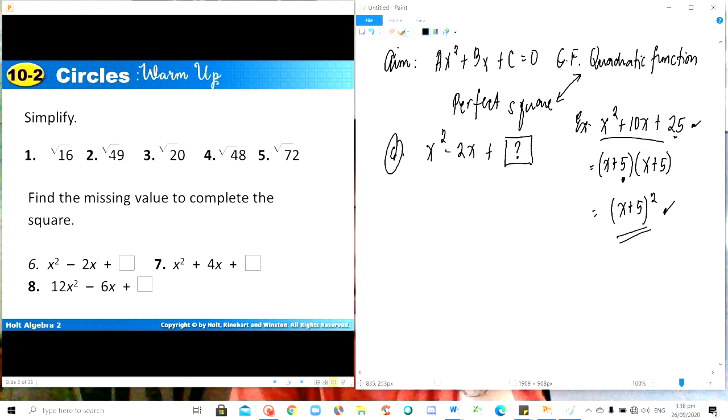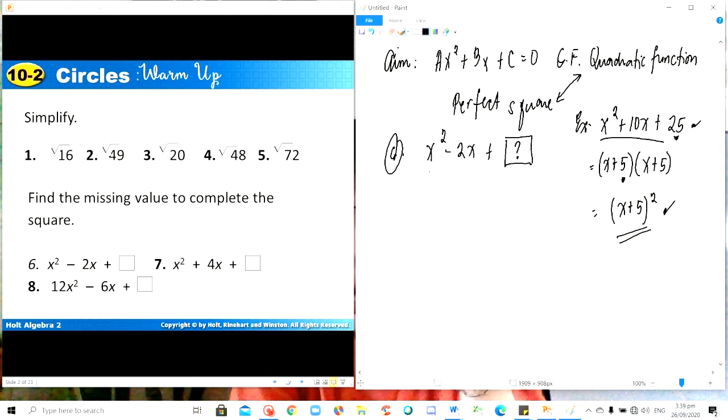And then take note of 25. 25 is the square of 5. So with that in mind, if this is 2 and it is divided by 2, then we get negative 1. And then if that is 1, we have to square it. That would also be 1.